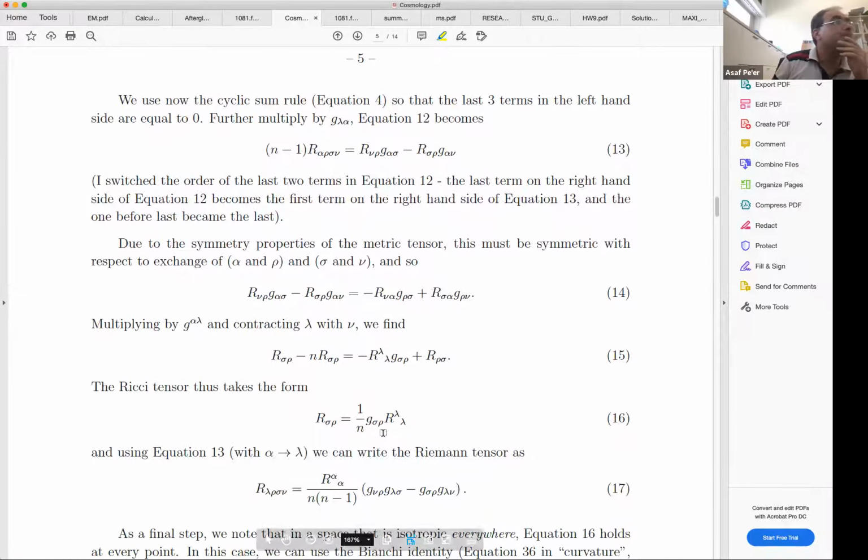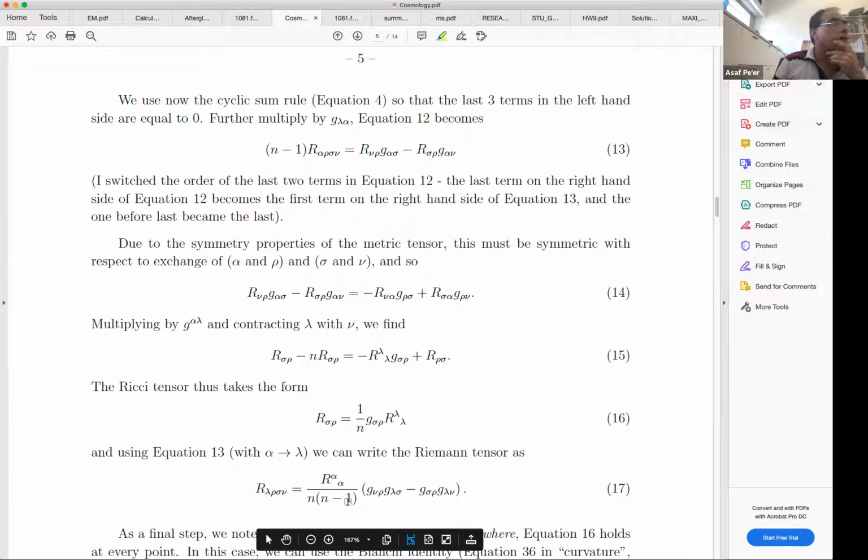We're nearly there. So after I wrote that R sigma rho, I can simply use that back in this equation here to write down, ended up with the equation which I call 17, R lambda rho sigma nu is just, every time I have an R sigma rho, I just replace it with a G sigma rho times R lambda lambda divided by n.